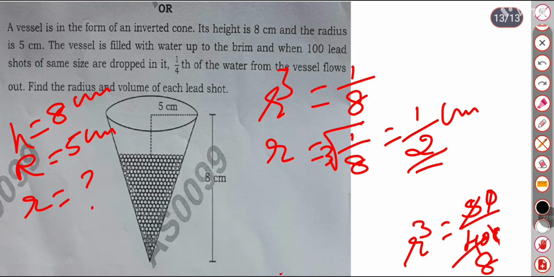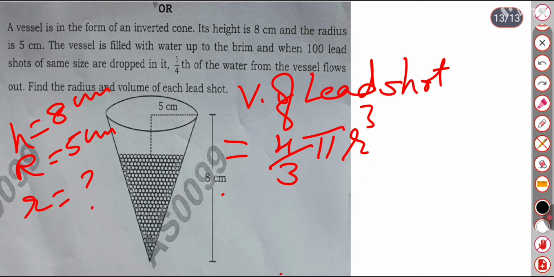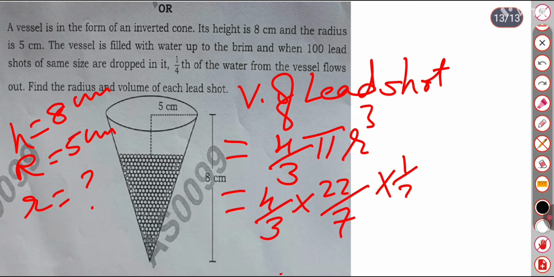So volume of the lead shot is equal to what? 4 by 3 pi r cube is the formula to find the volume. So it is 4 by 3 into 22 by 7 into 1 by 2 into 1 by 2 into 1 by 2.